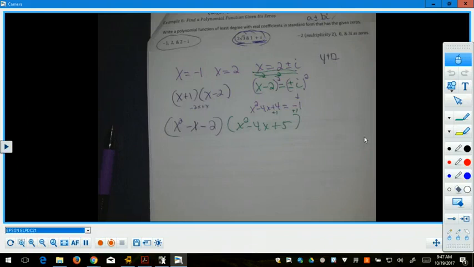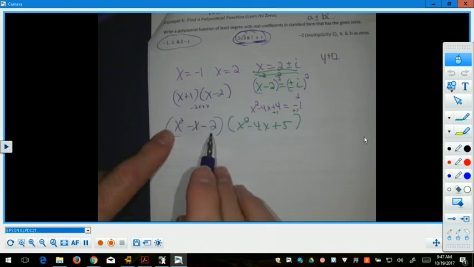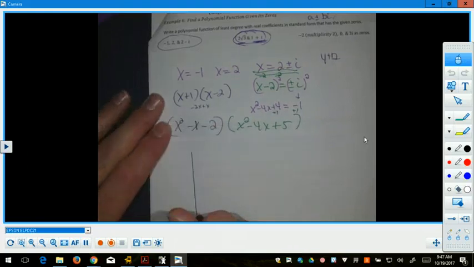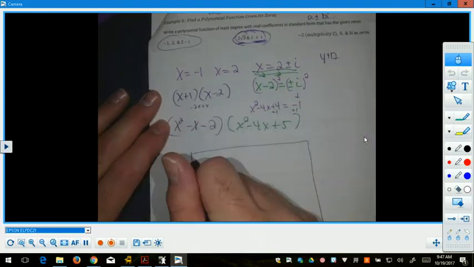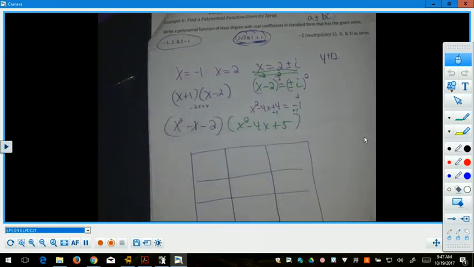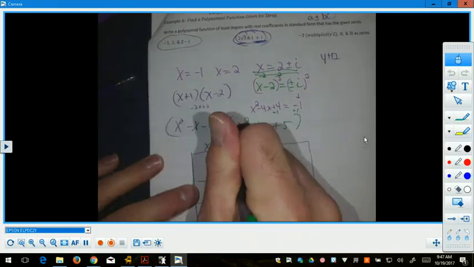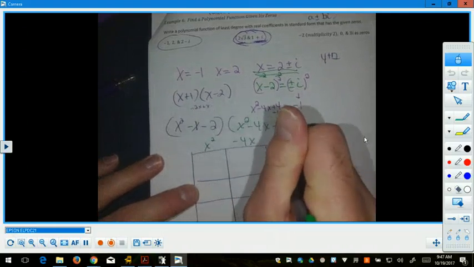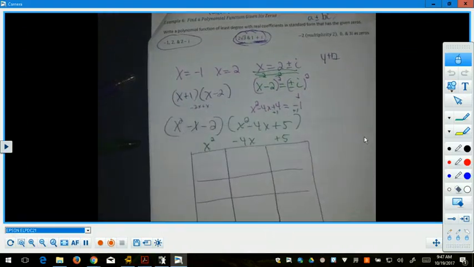Any questions so far? All right, now again, it's 2 trinomials. If you want, you're welcome to just do distributing this 3 times, this 3 times, this 3 times, and combine like terms. Once I get to 2 trinomials or higher, I like to use a box for my multiplication table. So I'll put my x squared minus 4x plus 5 here. You could put it the other way if you want.